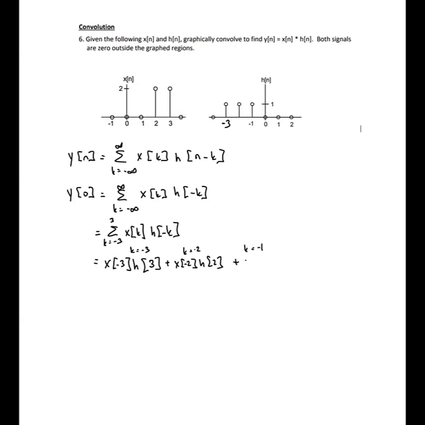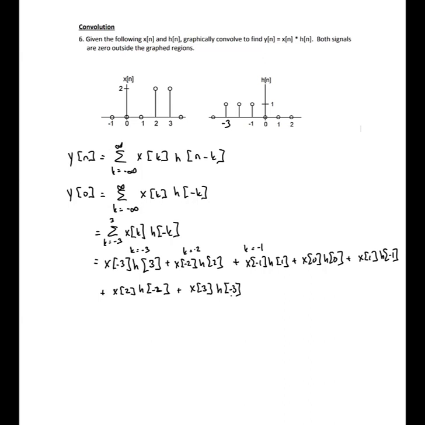Do the same thing for -1, x of -1, h of -1, which is +1, x of 0, h of 0, plus x of 1, h of -1, and we'll continue all the way on up, plus x of 2, h of -2, and x of 3, h of -3.